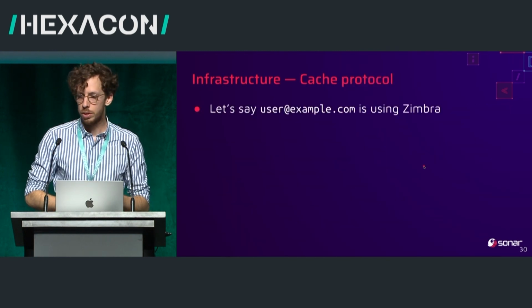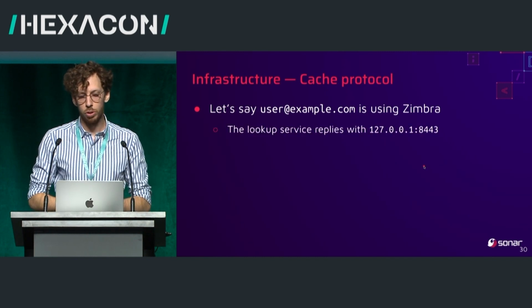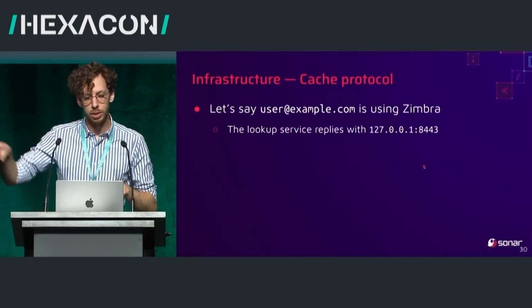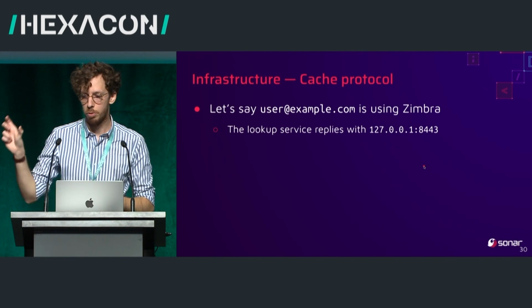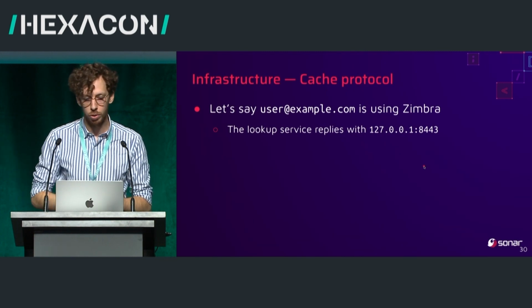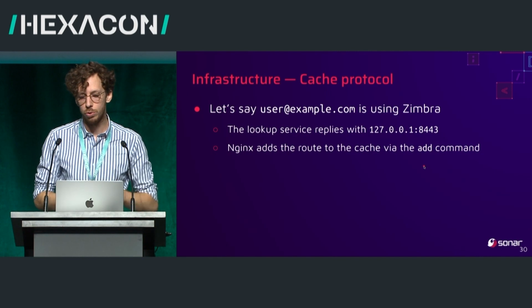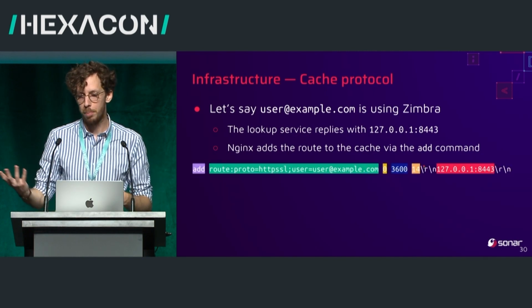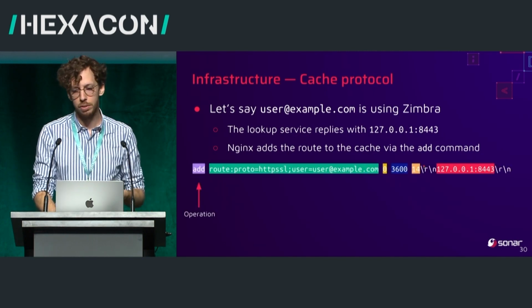So let's say user@example.com is using Zimbra. The request comes to Nginx, the lookup service replies with the backend server to use, in that case localhost, and Nginx adds a route to the cache with the add command. In memcache terms, it looks like this. We have the add, which is the operation.